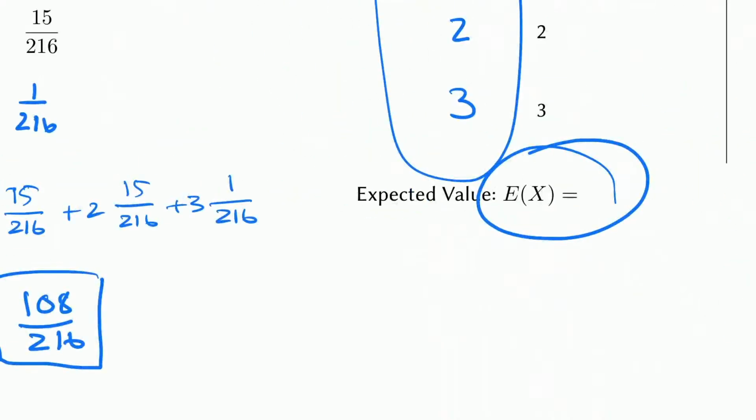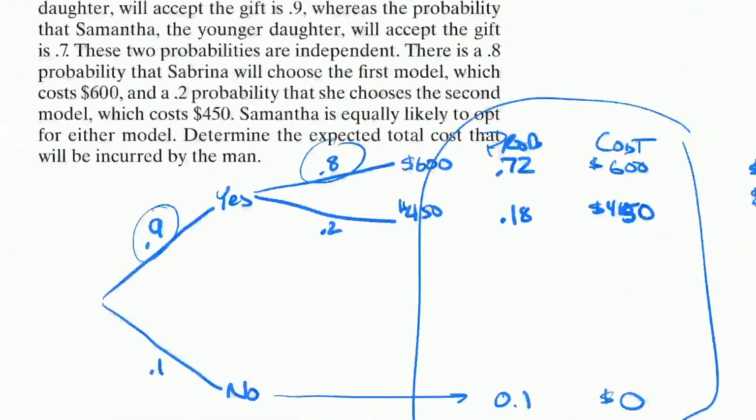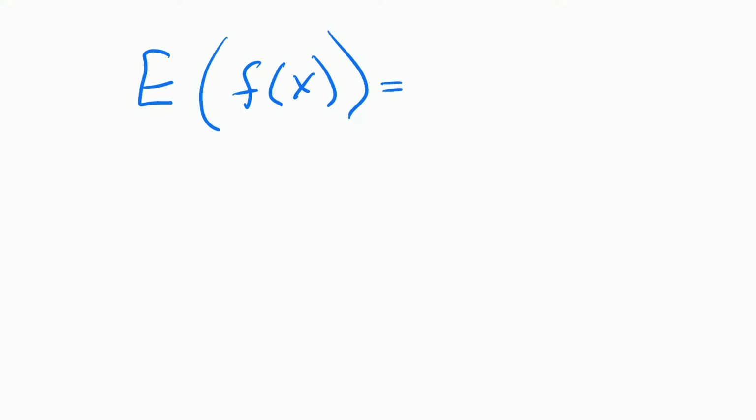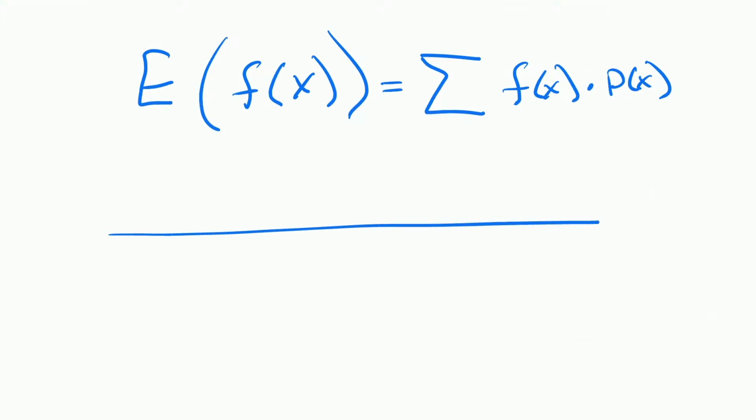Okay, so instead of pulling up the PowerPoint, let's just do this and mention that the expected value of a function of a random variable is computed by doing the same thing that you did to compute the expected value. You add up the function times the probabilities.